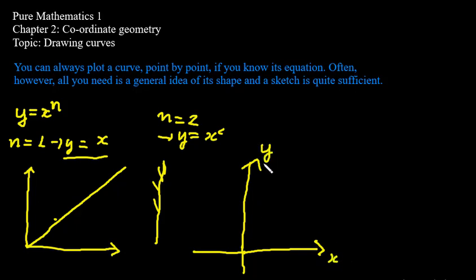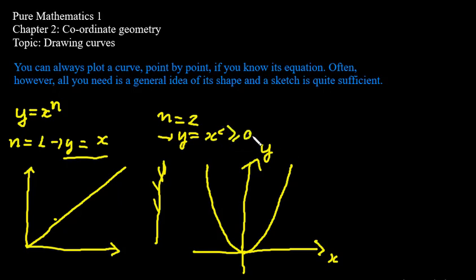And y equal to x to the power 2 would be the parabola that we learned before. You just need to know that when x equals 0, y equals 0 too. So that is a parabola that passes through the origin, and it faces this side because this one is positive. x squared is always greater than or equal to 0.